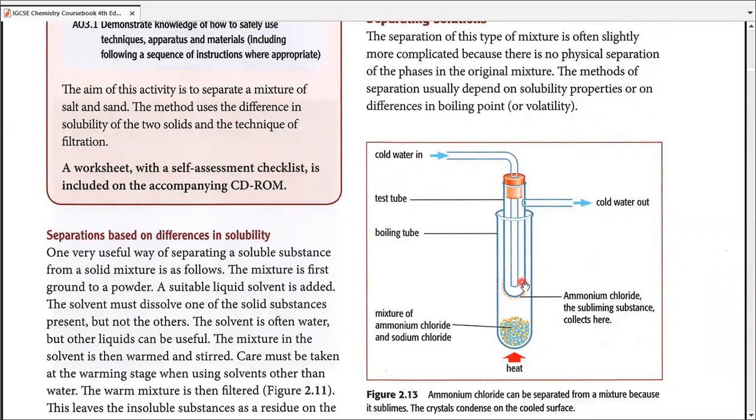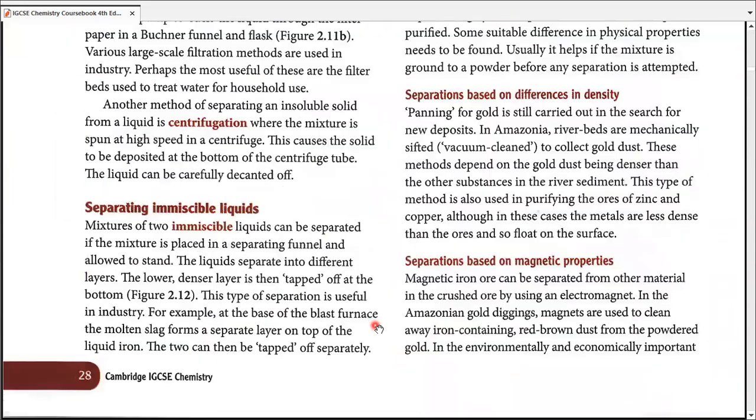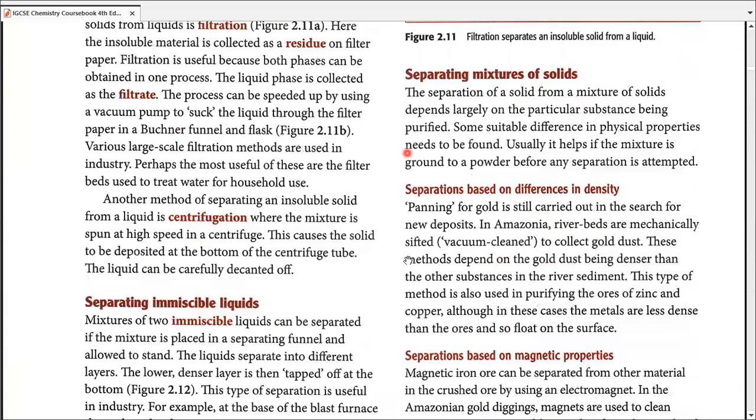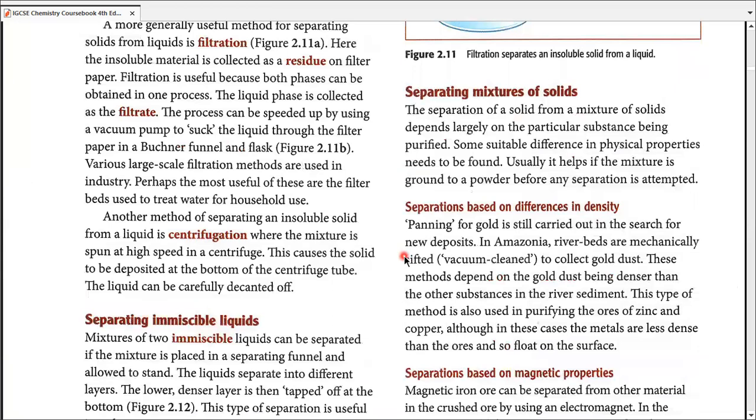I told you not all of these processes have the same emphasis for exams, since some of them are more important than the others. So you are going to go for distillation or crystallization or filtration or paper chromatography in a far more imperative way than you're going to go for sublimation or decantation or centrifugation, right? That's going to happen. Some of them are more important than the others.